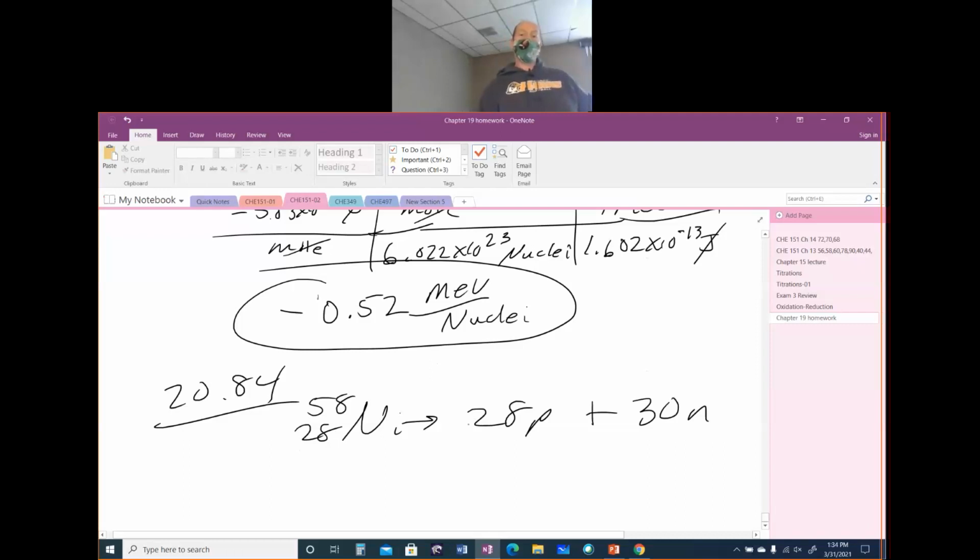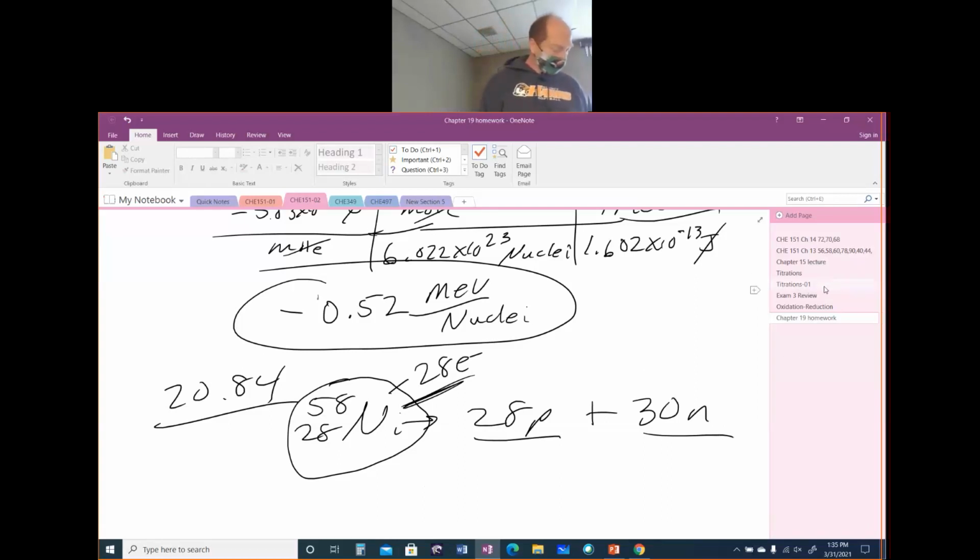All right. In this case, again, you have your mass here is going to include 28 electrons. You have to subtract 28 electron mass from the mass on the chart. The mass on the chart includes 28 electrons here. All right. You have your 28 protons and your 30 neutrons.